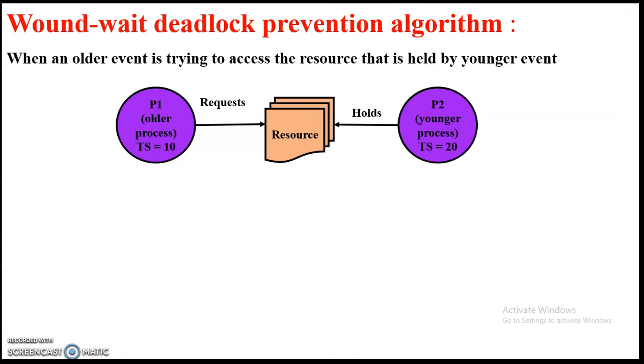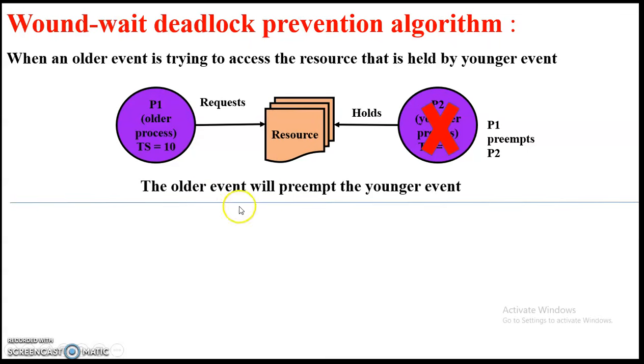Similarly, when an older process requests a resource held by a younger process, at that immediate time the older process will preempt the younger one, and the resource will be allocated to the older process. So P1 will preempt P2, and the resource will be allocated to P1. The older event will preempt the younger event. This was the first case.